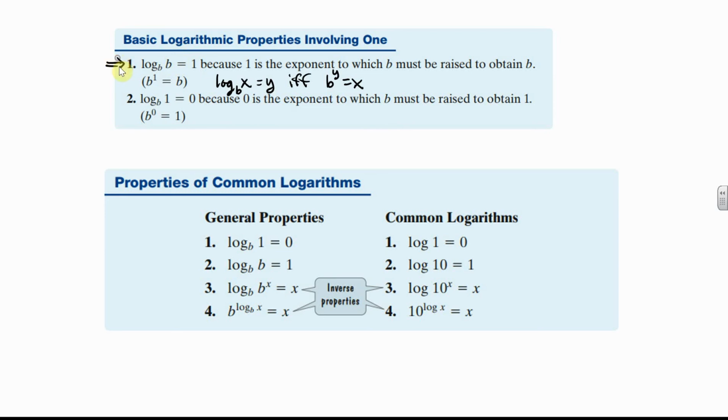So that is equivalent to b to the 1 being equal to x, which is b. What's the exponent for b over here? It's 1. If I don't see an exponent, it's understood to be the exponent of 1. Right? Take the number 5. 5 is the same thing as 5 to the first power. Right?